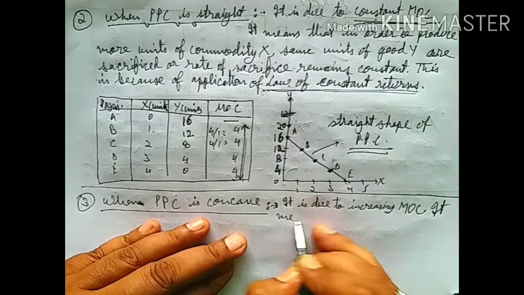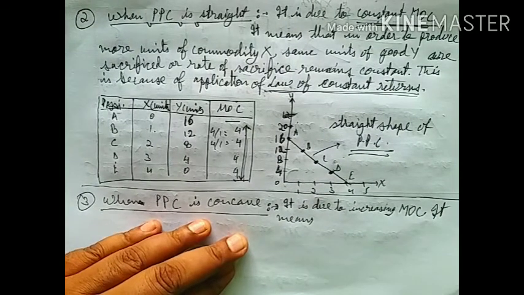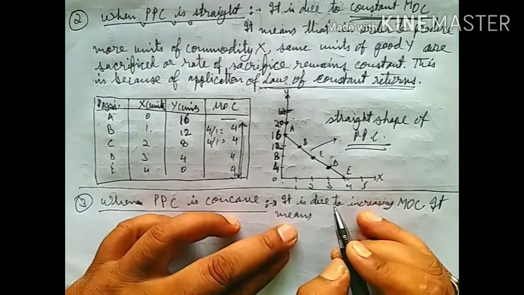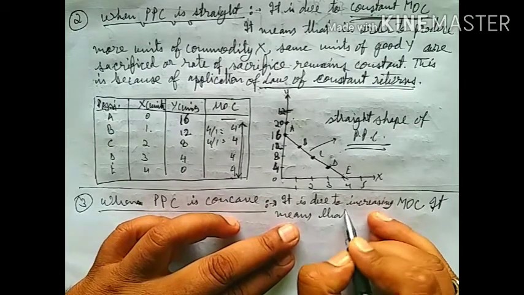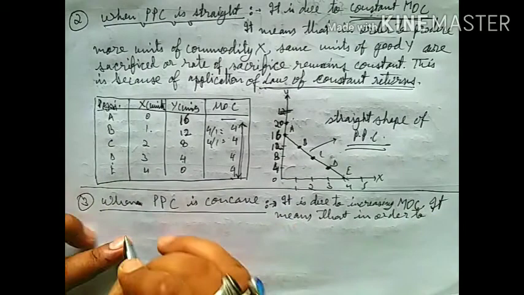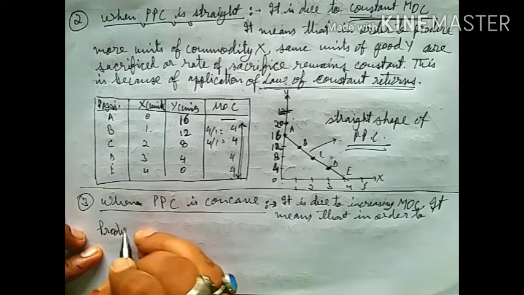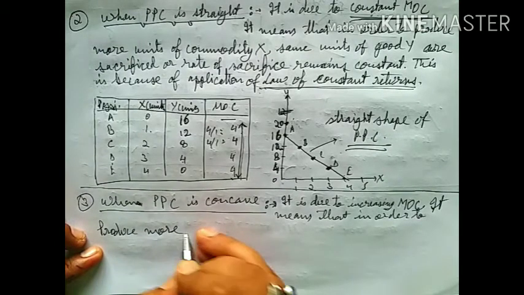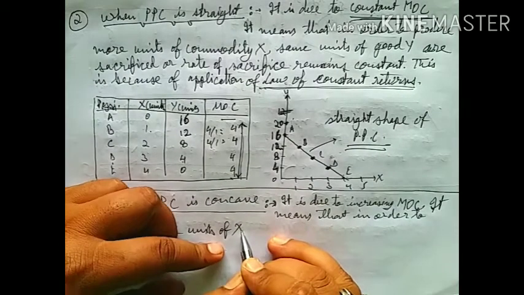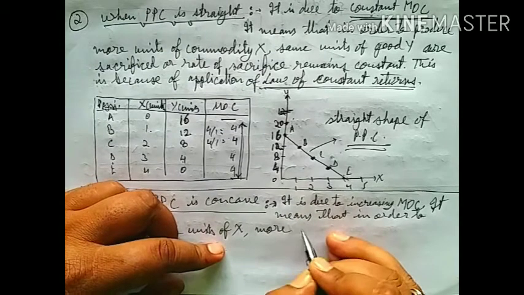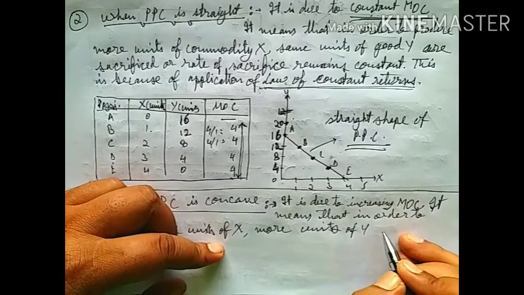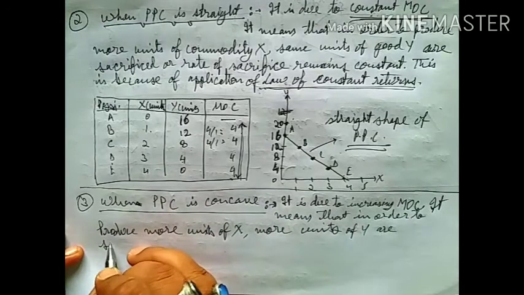It means that in order to produce more units of X, that is the wheat, more units of commodity Y, that is cotton, are sacrificed.